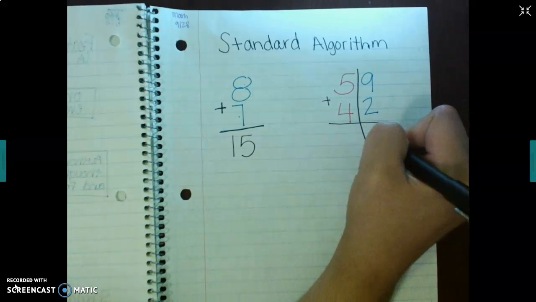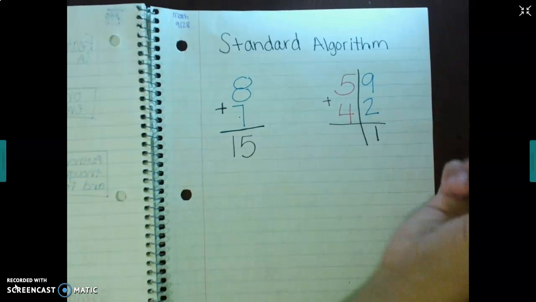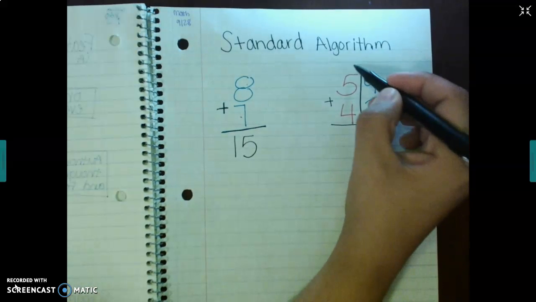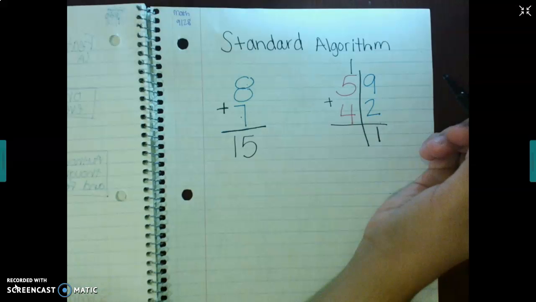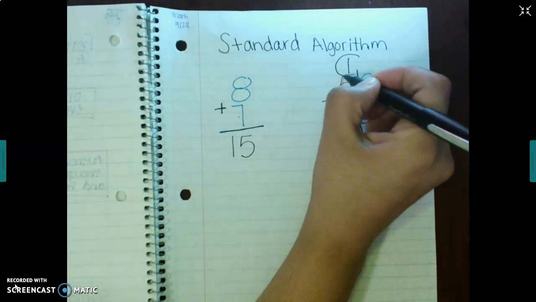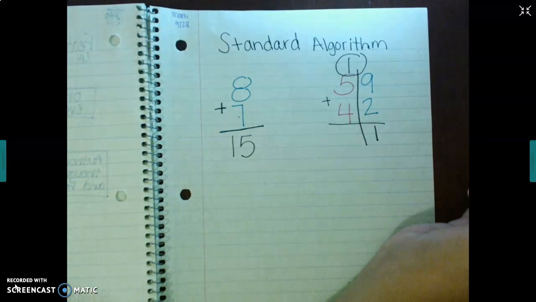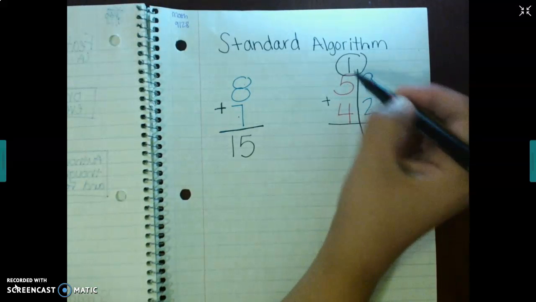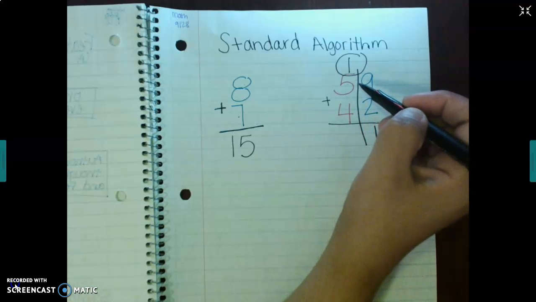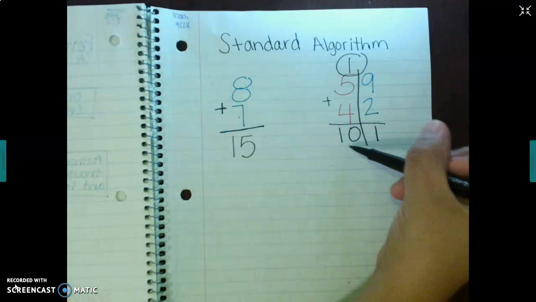Like we saw in our example, I can't put both digits here in the ones place, so I'm going to put 1 up here, 1 down here, and 1 up here. Then when I add down, I'm going to make sure to include my 1 that I regrouped. So 5 plus 1 plus 4. And my answer is 101.